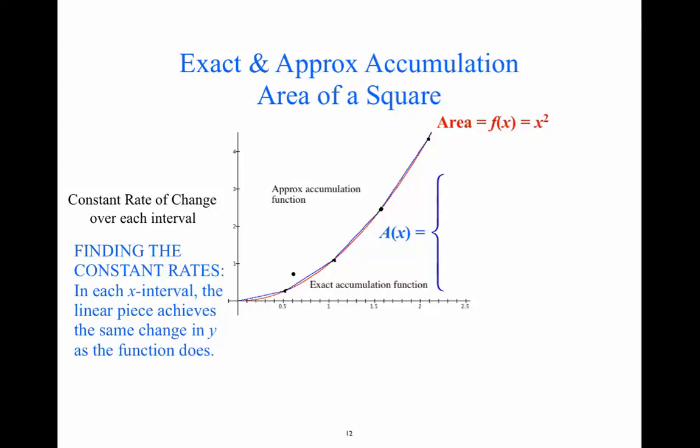So what I want you to do first is, you got 1, 2, 3, 4. You've got the function. You can generate values with the function. I want you to find those 4 constant rates of change for the blue approximate accumulation function. Find those constant rates of change. Go.